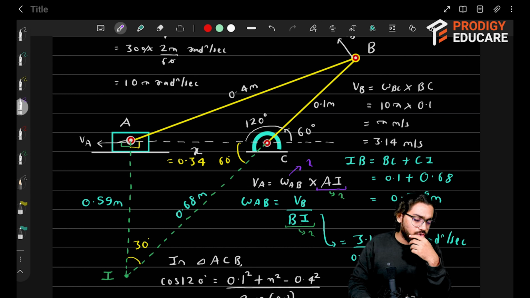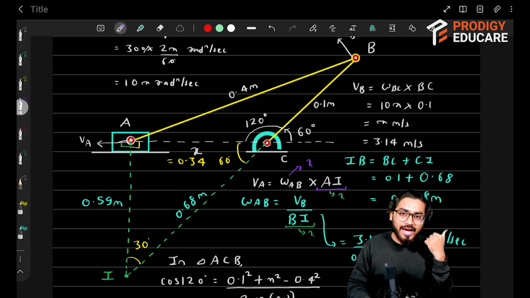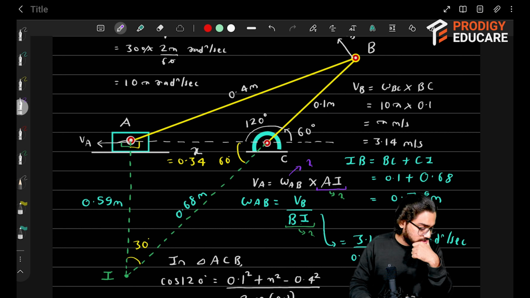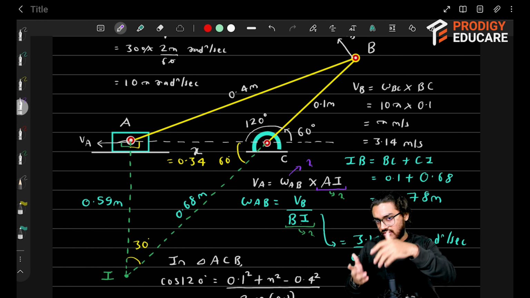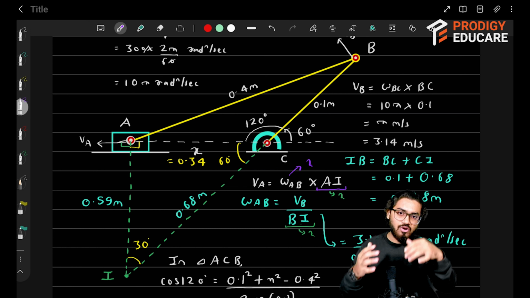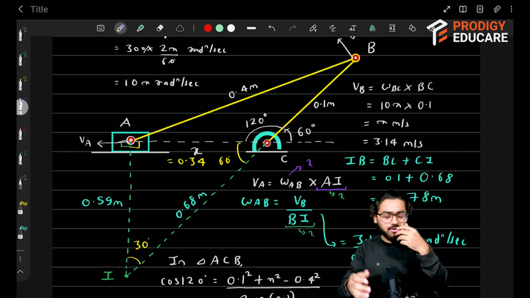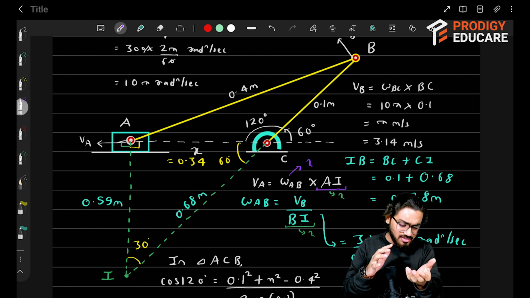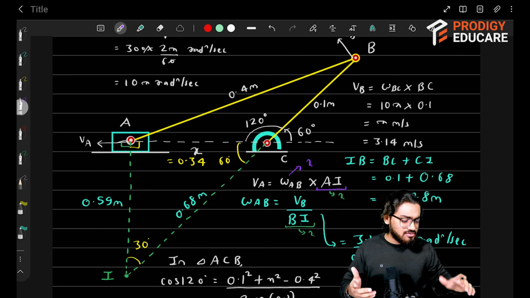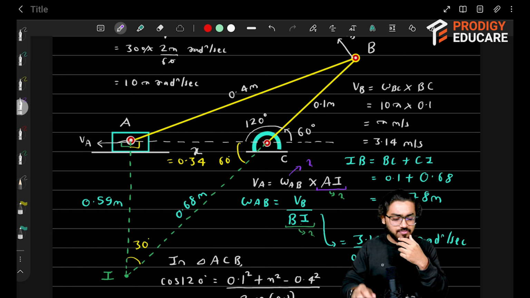So the procedure is: first locate the instantaneous center of rotation, then from a velocity evaluate angular velocity, and from angular velocity evaluate the velocity of another point. Applying the concept of ICR is easy, but the harder part is the geometry behind it, so that you need to practice.